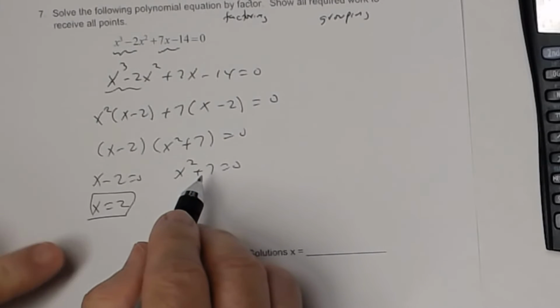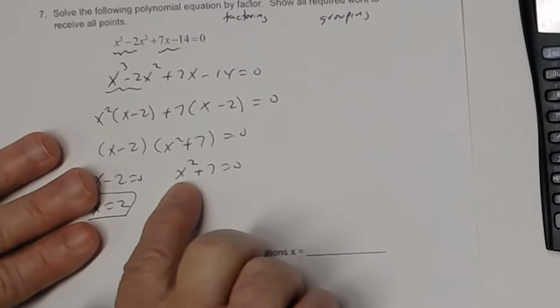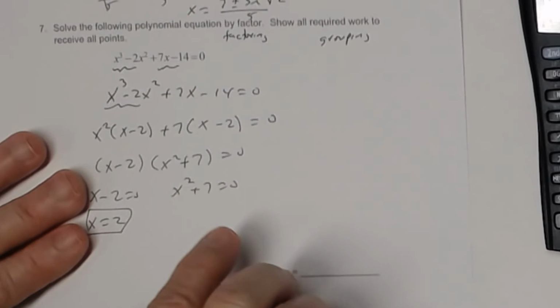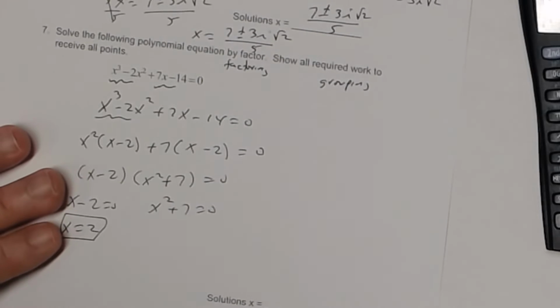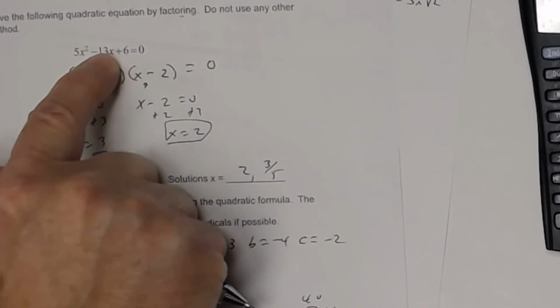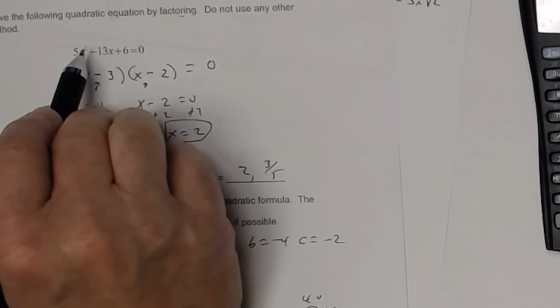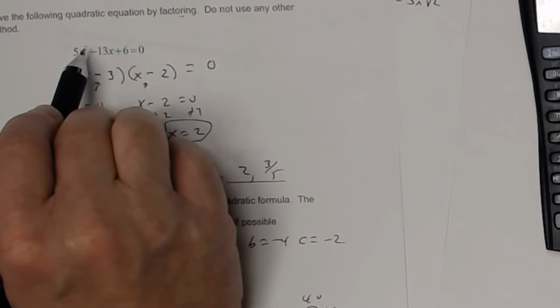Over here, though, this is quadratic. So this quadratic equation has 2 terms on the left side, right? Whereas in the previous problem, this quadratic equation had 3 terms. Notice that the 3 terms here: this term contains the second degree, so we call it the second degree term.